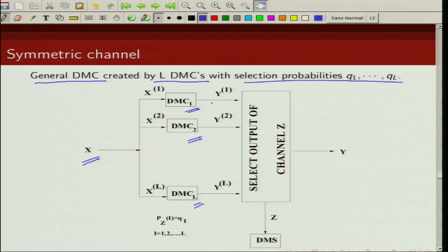I am choosing each of these channels with probability Q1, Q2, Q3, up to QL. The output, you can think of, is that I am choosing either this channel, this channel, or this channel, and this is my selection probability. X is my input here, Y is the output of the discrete memoryless channel, and Z is deciding which channel is being chosen.